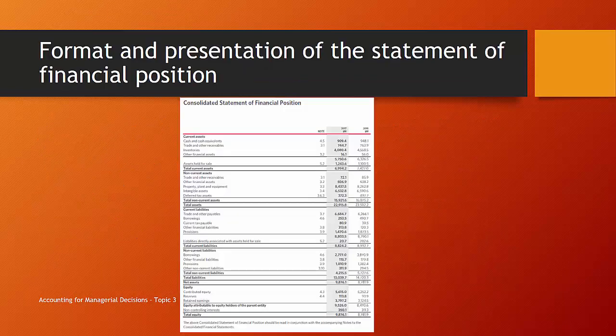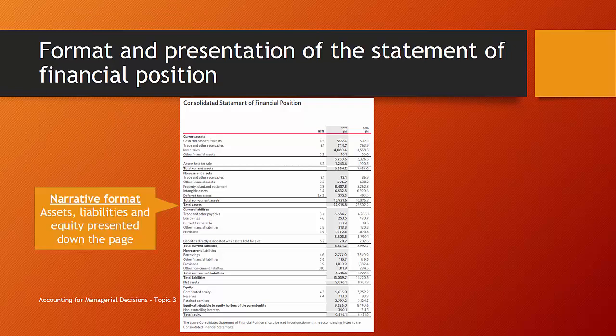So again, coming back to how the statements of financial position look, this is fairly standard for a corporate. Two things to note, actually there's going to be a third, but we'll come down to it, is the narrative format. So it goes down the page: assets, non-current assets, current liabilities, non-current liabilities, equity. So it runs down the page.